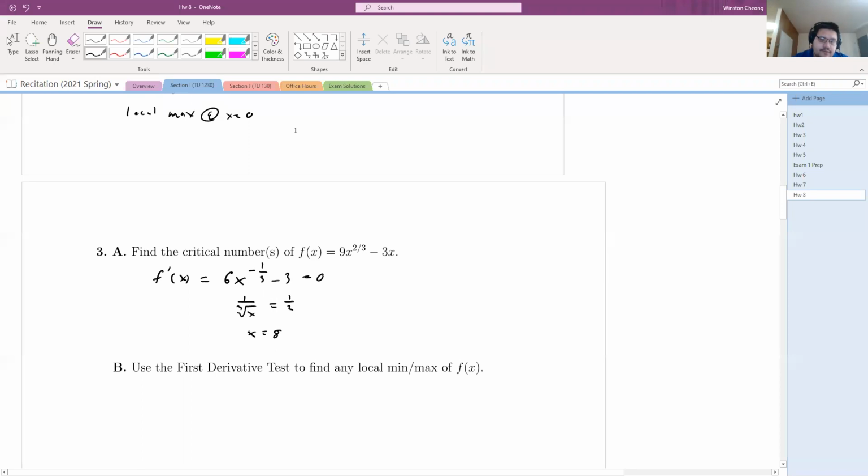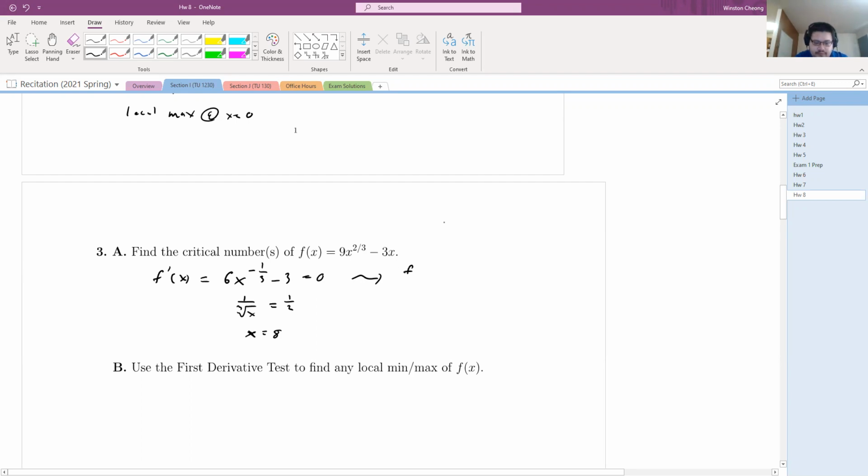Okay, but this is where that thing about being undefined is important, because there's actually another critical number. If you only wrote this, you would technically be wrong, right? So this is where I would prefer to rewrite this function without the negative exponent.